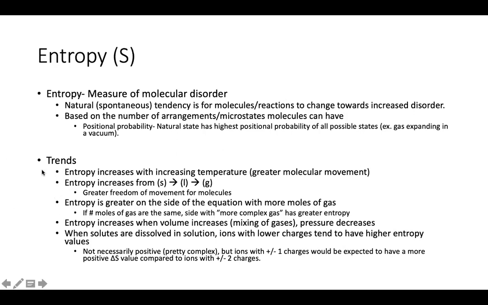This next trend is really similar to the first trend. It's just on a more macro scale, right? Entropy increases as we go from a solid to a liquid to a gas, which, as we know, occurs as we increase the temperature. Okay, and I think this second one's a little bit easier to understand, because as you go from a solid to a liquid to a gas, your particles physically have more freedom, right? Think of a solid ice cube.